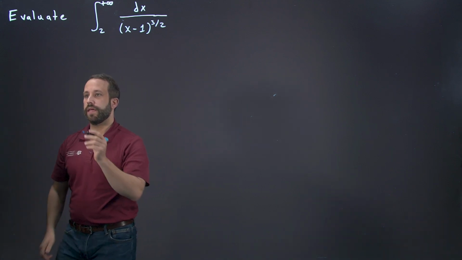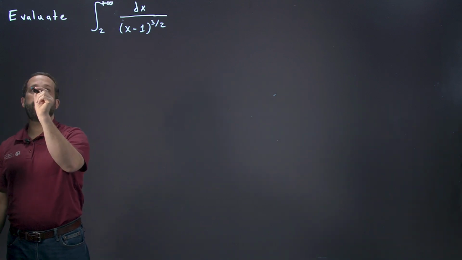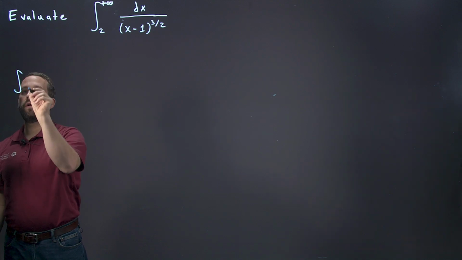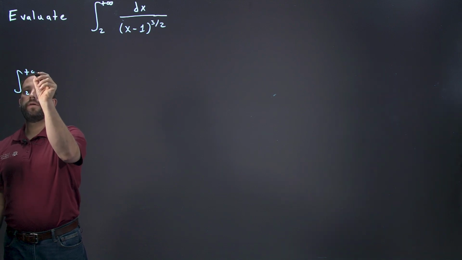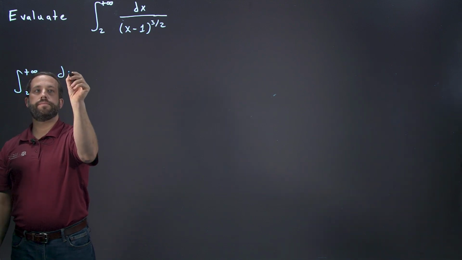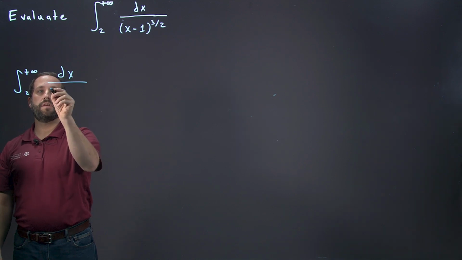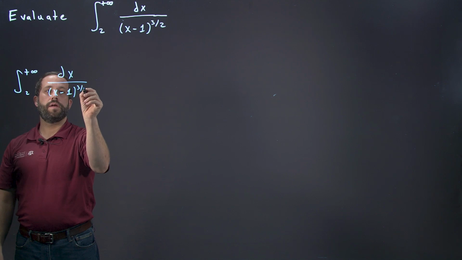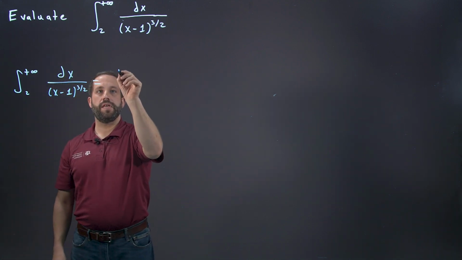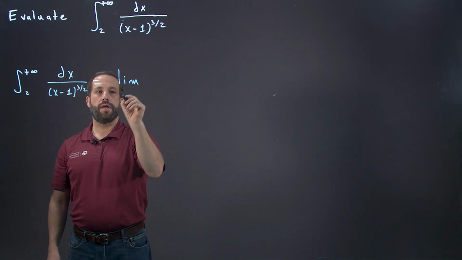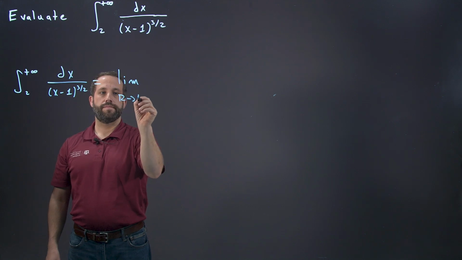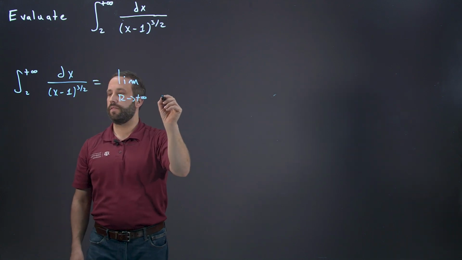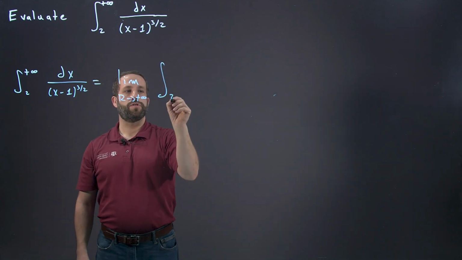So given the definition of improper integrals, the integral from 2 to positive infinity of dx over x minus 1 to the 3/2, this is equal to the limit as r goes to positive infinity of the integral 2 to r.